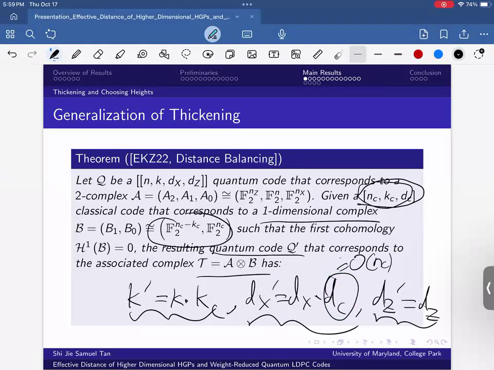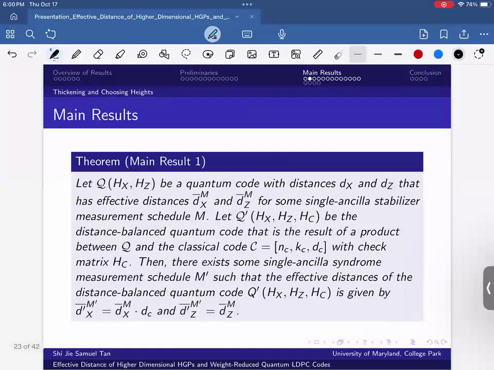And then for the resulting N prime of this new quantum code, if we choose a large enough classical LDPC code, it can make the overall quantum code go closer asymptotically to having good distance in the X basis. Yeah, so this is the main result.